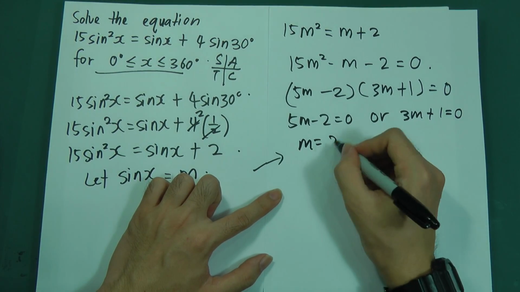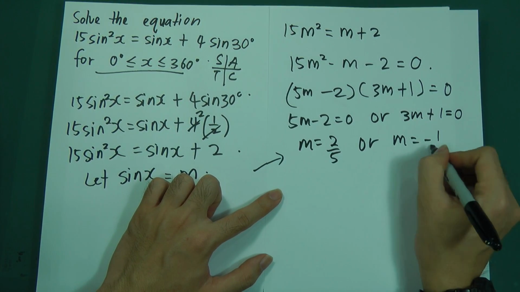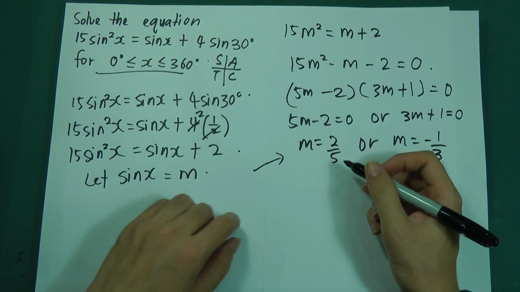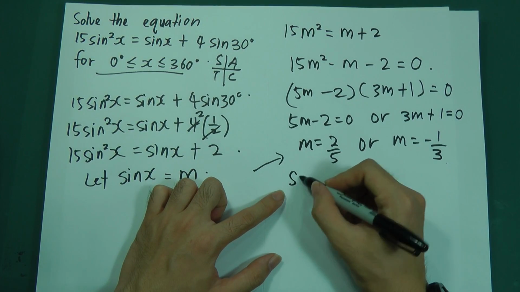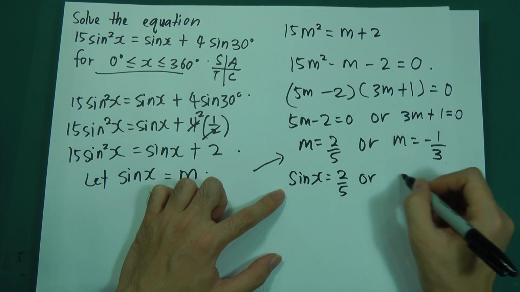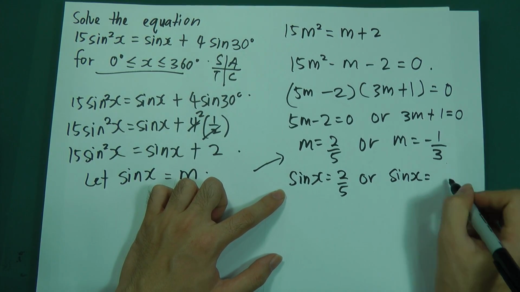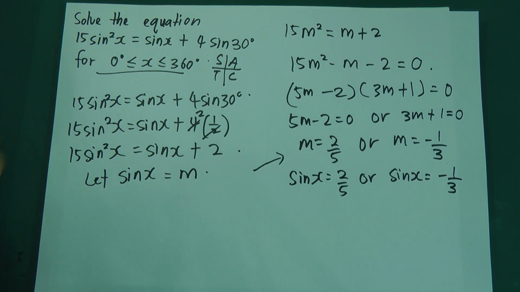So m equals 2 over 5, or m equals negative 1 over 3. Then only do I substitute back what m is. m is sine x. So sine x equals 2 over 5, or sine x equals negative 1 over 3.